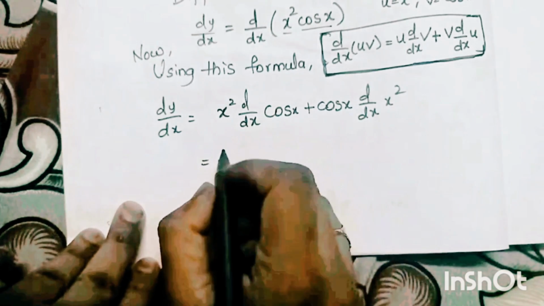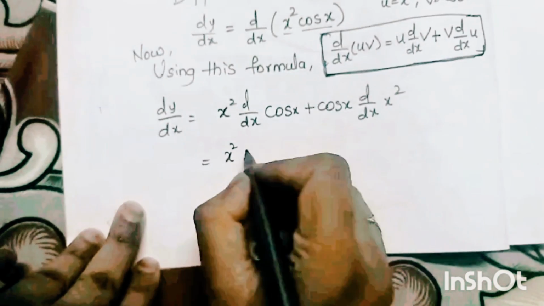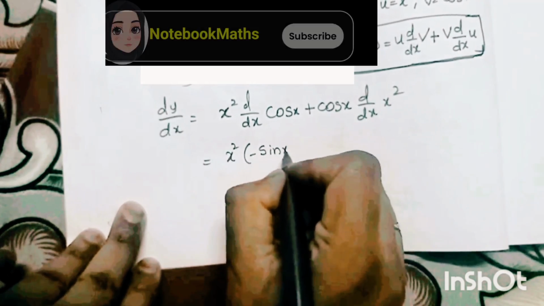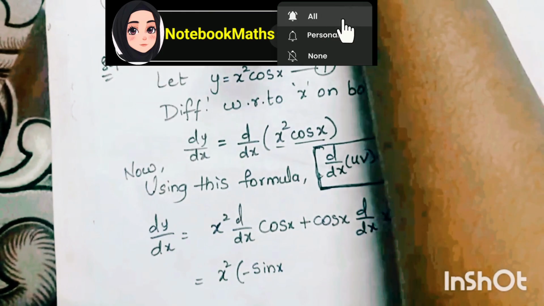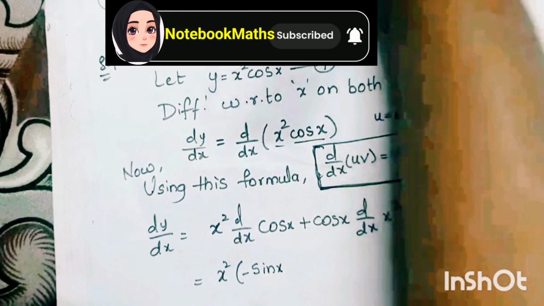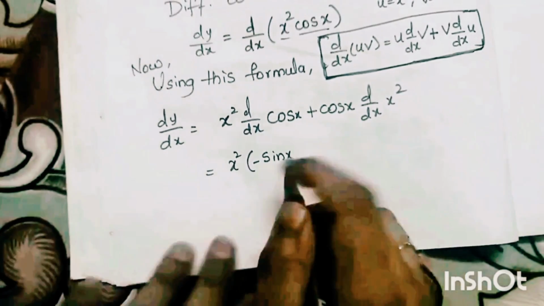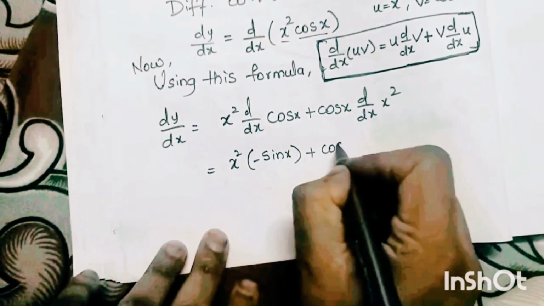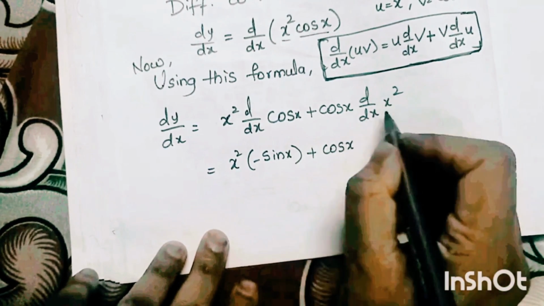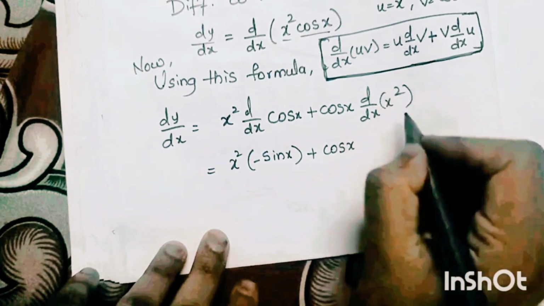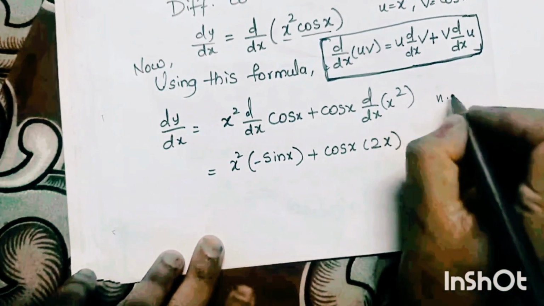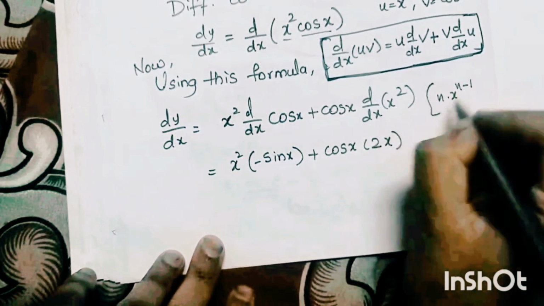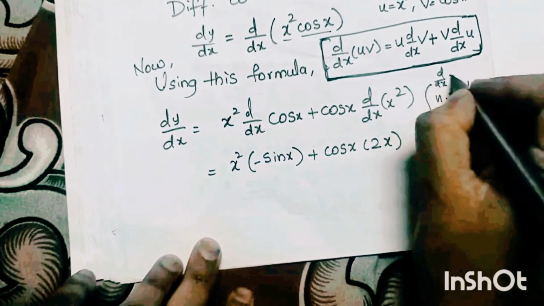Now the differentiation of cos x is minus sin x. So we write minus sin x, plus cos x as it is here. d by dx of x square means 2x.